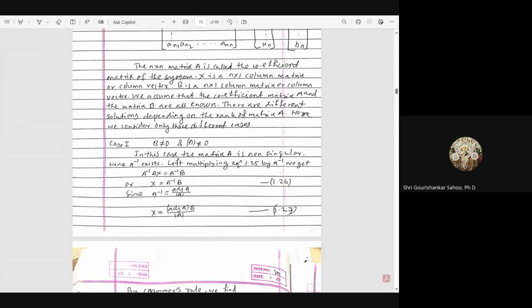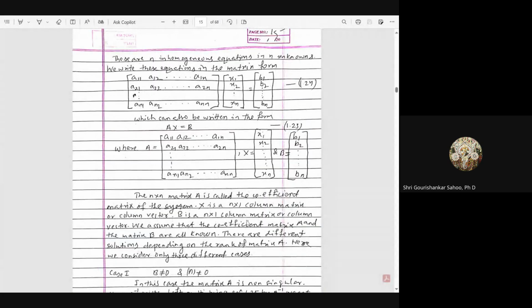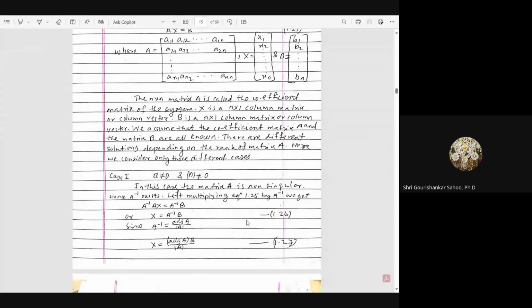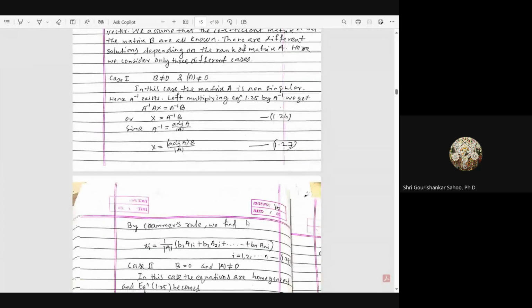Since A inverse exists, multiplying equation 1.25 by A inverse, you will get A inverse Ax is equal to A inverse B. So X is equal to A inverse B, and A inverse will be evaluated from the formula adjoint of A divided by determinant of A. So X is equal to adjoint of A multiplied by B divided by determinant of A.